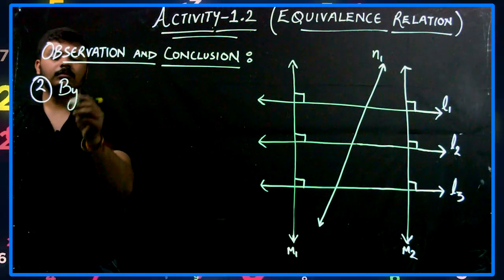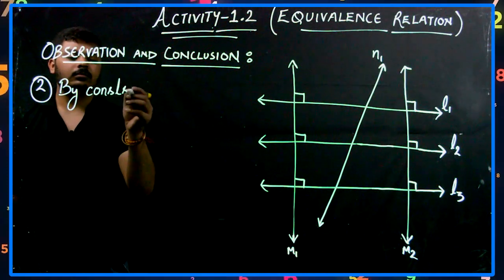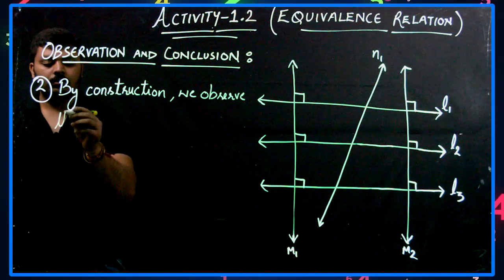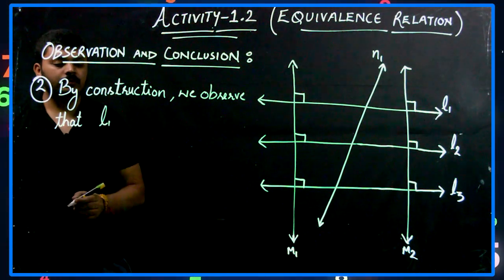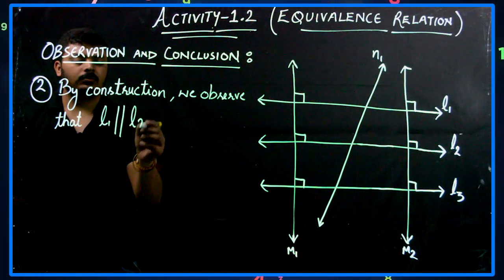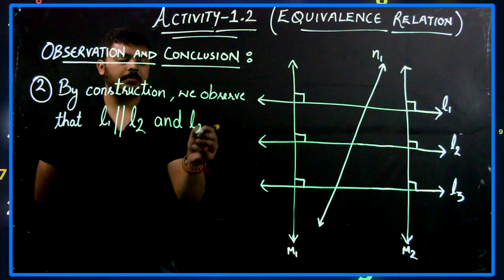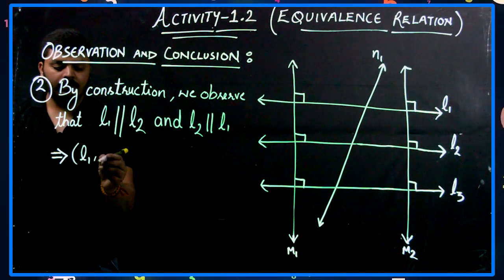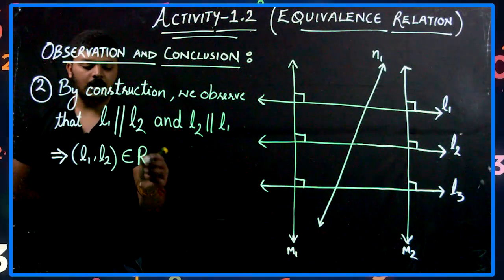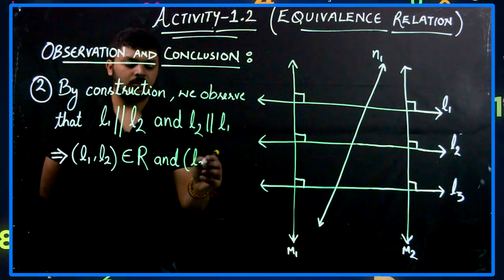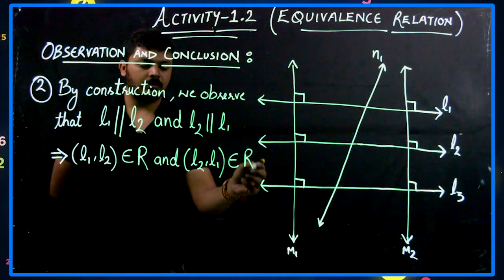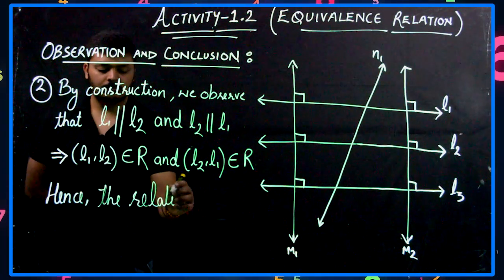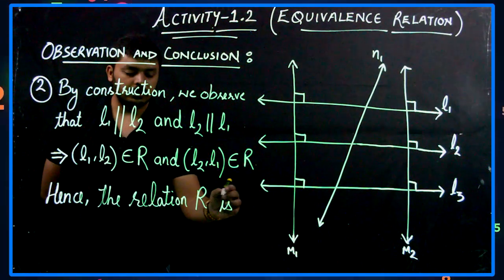Second observation: by construction, we observe that L1 is parallel to L2 and L2 is parallel to L1, which implies (L1, L2) belongs to R and (L2, L1) belongs to R. Hence, the relation R is symmetric.